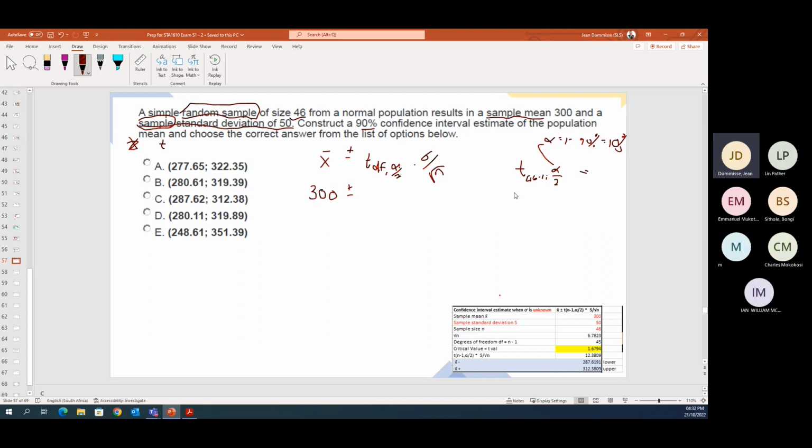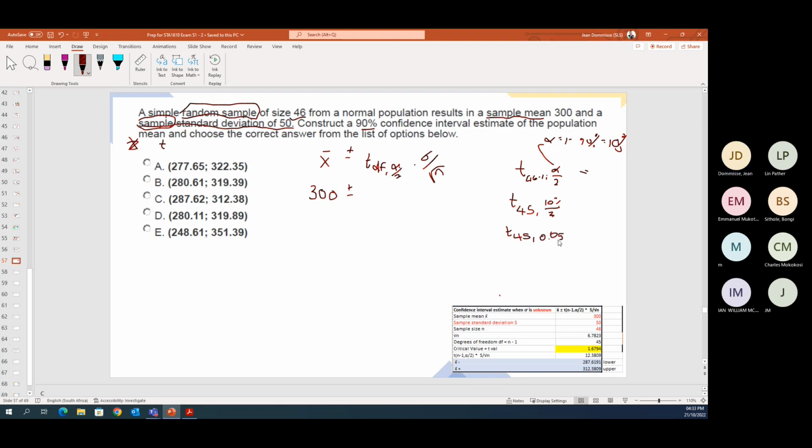So we're actually looking for t that is 45, and then 10% divided by 2, which will then be 5%, which would give us 0.05.